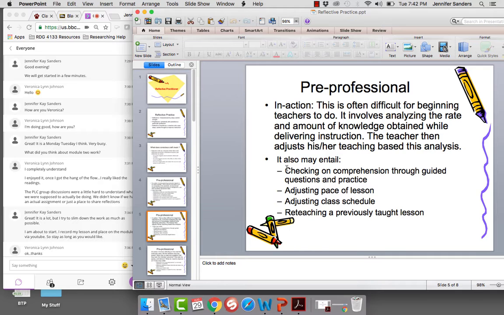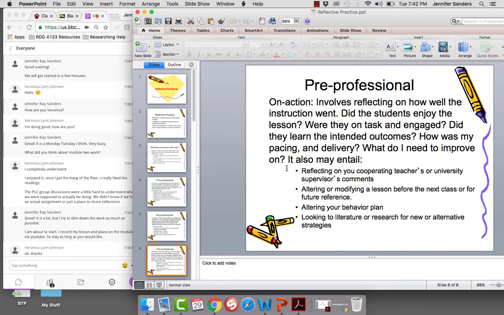But as I was walking through, I noticed, while going through my lesson, my students weren't being very successful. And so I actually had to adjust midstream and make changes right then. So it's your pace of the lesson. Sometimes you have to teach the whole lesson again, or parts of the lesson again, because it just didn't go well.